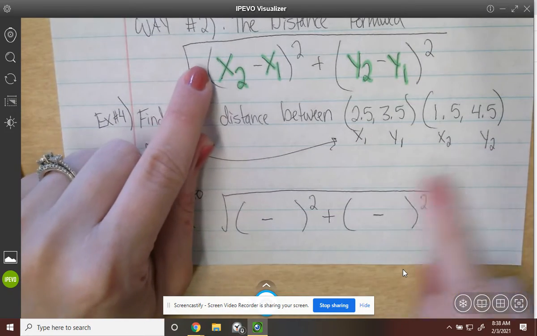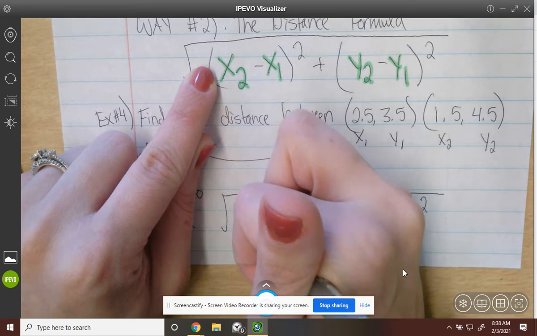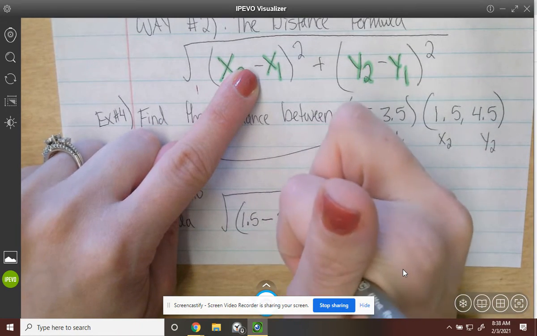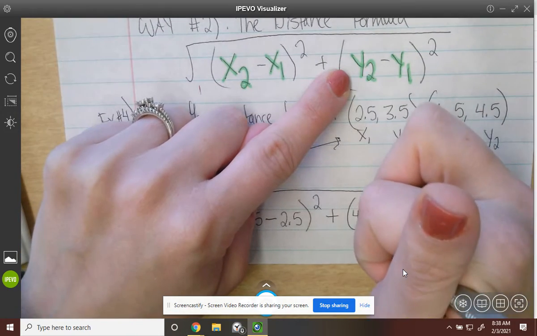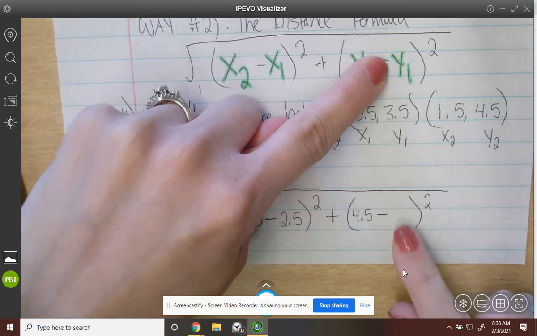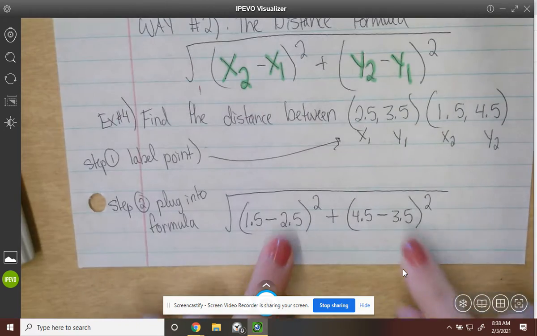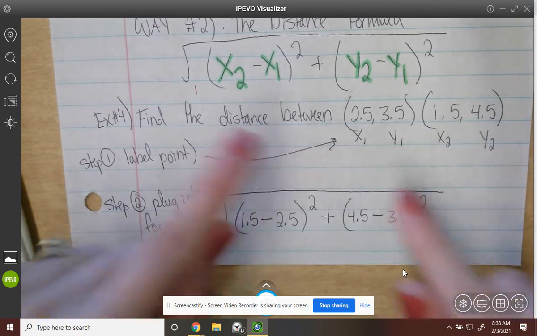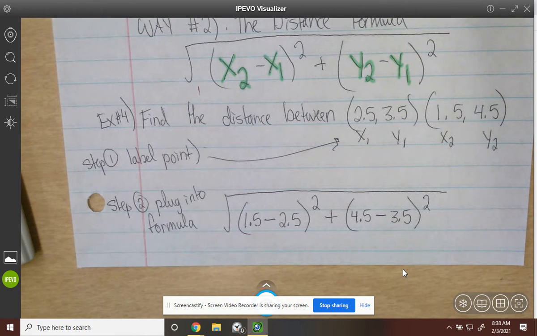So I look at x2 goes first. x2 is 1.5, so I put 1.5 there. x1 is 2.5. y2 is 4.5. And y1 is 3.5. Okay, so I plugged in all of my numbers. If you need to go back and rewatch that so you can kind of piece together where all of these came from, go ahead and do that.